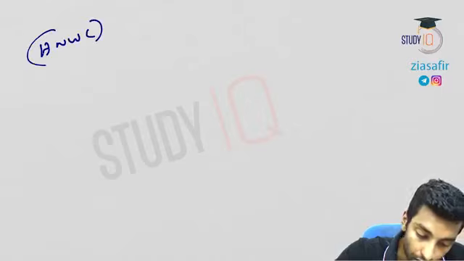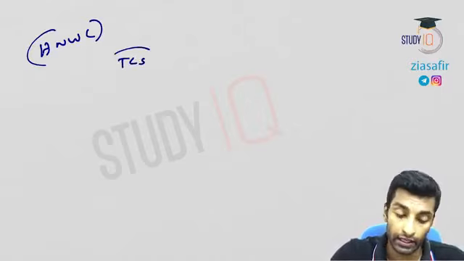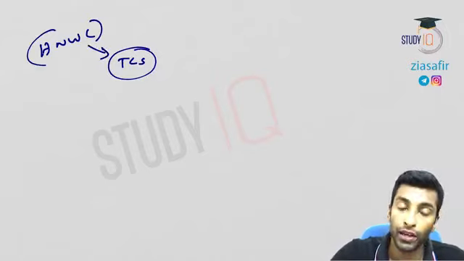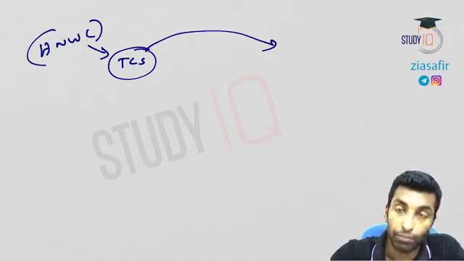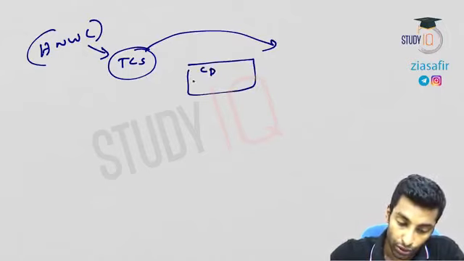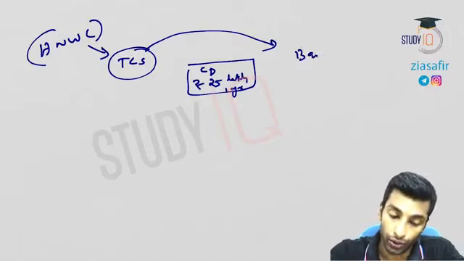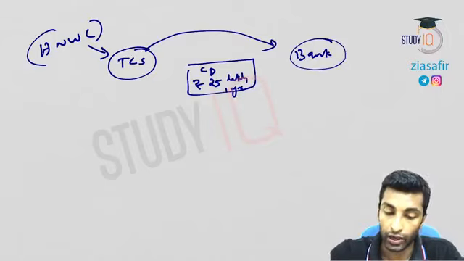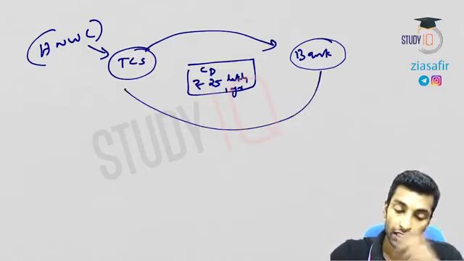High net worth company. Okay, so they, let's say Wipro or TCS, this company, high net worth company, they issue a bond or security or a commercial paper. Okay, so CP rupee 25 lakh and maturity 1 year to the bank. Okay, so the company issued security to the bank. Now what the banks will do?